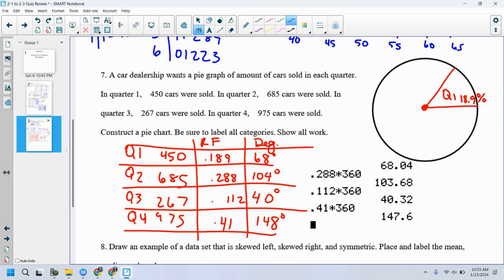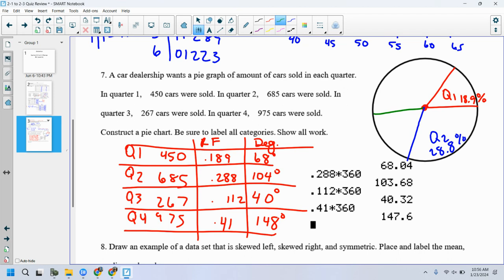So let's go just a little bit past 90 and go right there. So there's Q2 with 28.8% of my data. And then we'll pick green here and go 40 degrees. Actually, let's do 150. Here's 180 if I were to just draw that line straight across. So there's like 30 degrees below that.